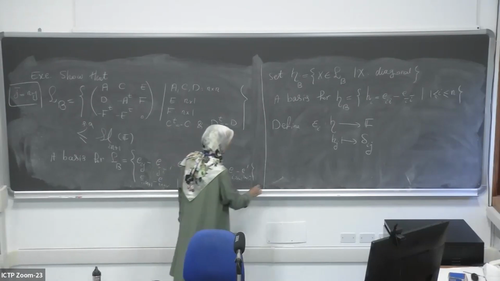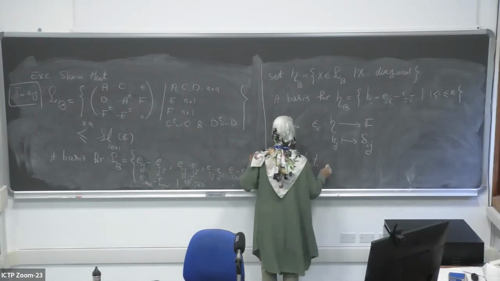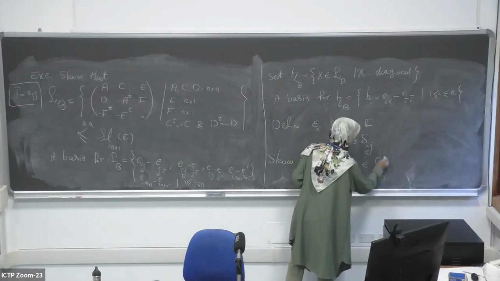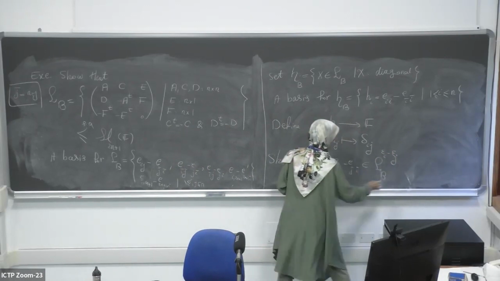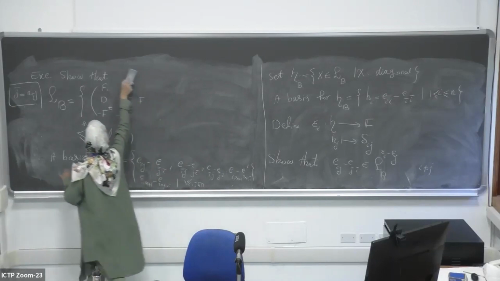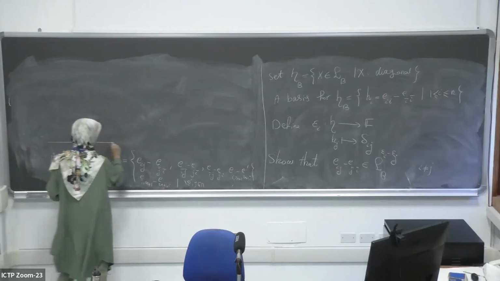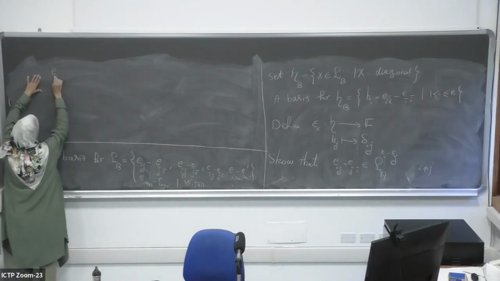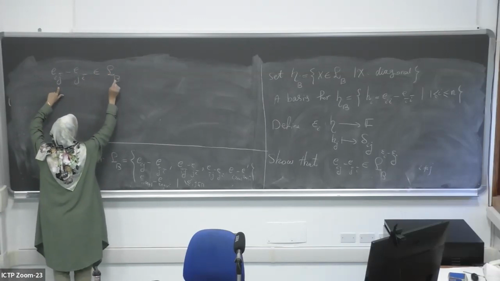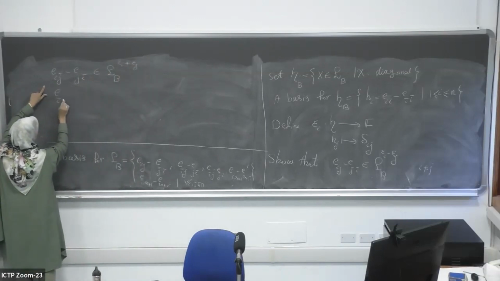Okay. Show that E_ij minus E_{j bar i bar} is an element of L_B in the weight space epsilon_i minus epsilon_j if i is not equal to j. E_{i j bar} minus E_{j i bar} are elements of L_B epsilon_i plus epsilon_j, and E_{i bar j} minus E_{j bar i} is an element of minus epsilon_i minus epsilon_j.